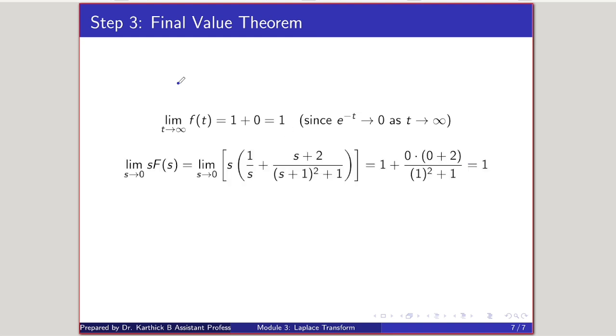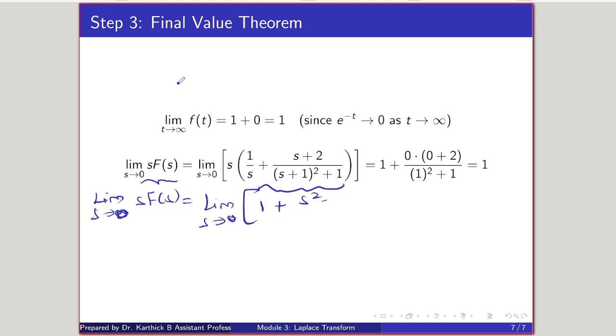Okay. So next, we are going to evaluate the RHS part: limit s tends to 0 of s times capital F of s. Already we know what capital F of s is, and multiplying with s, it will be limit s tends to 0 of (1 plus s square plus 2s), then (s plus 1) whole square plus 1.